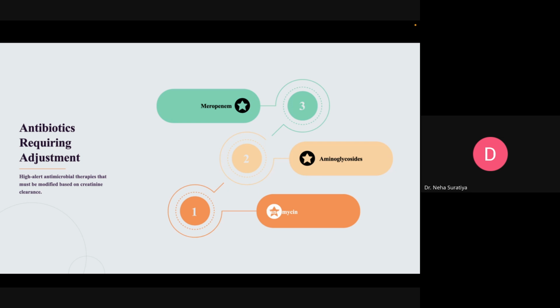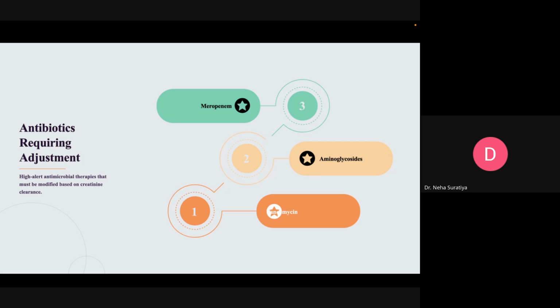Next, let's discuss aminoglycosides. I hope you have an idea, gentamicin and amikacin and all, right? It is a narrow therapeutic index drug, so we have a very small difference between the minimum effective concentration and the maximum safe concentration. It also follows concentration dependent killing, of course.